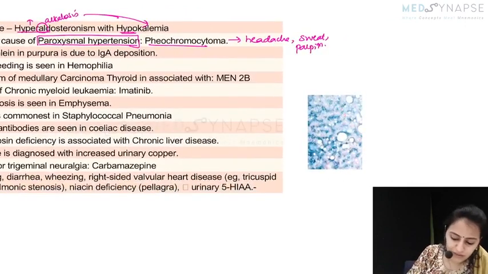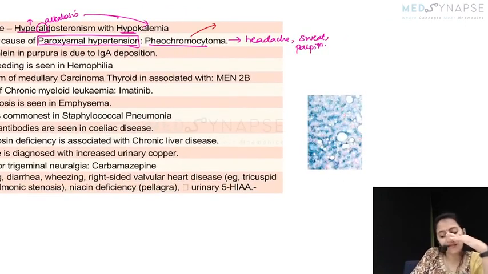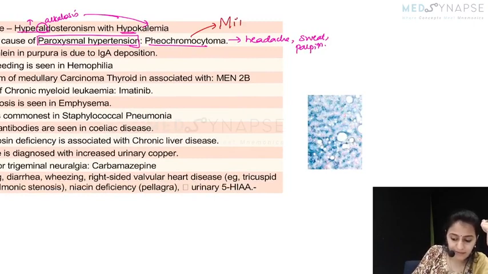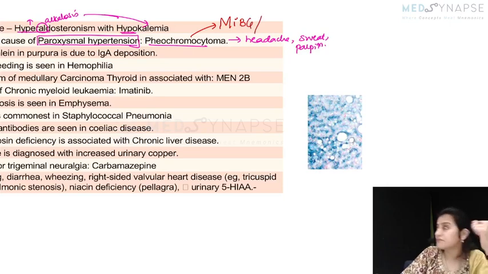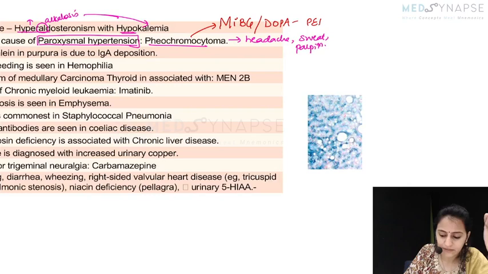And for pheochromocytoma, what nuclear scan do you do? MIBG scan. You can also do a DOTA scan or a DOPA PET. Remember DOTA, DOPA and MIBG.